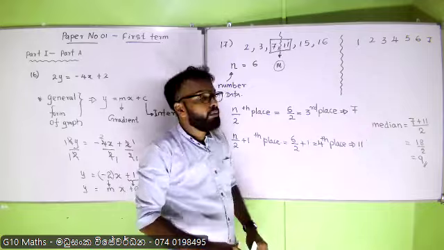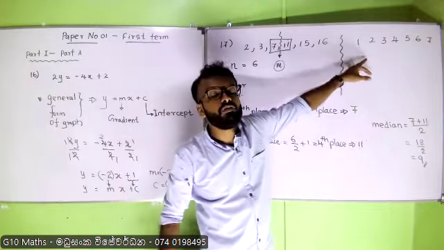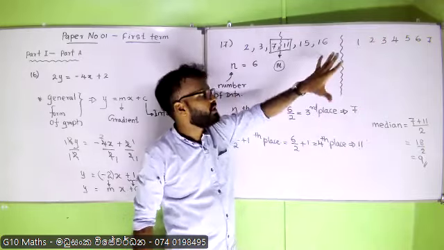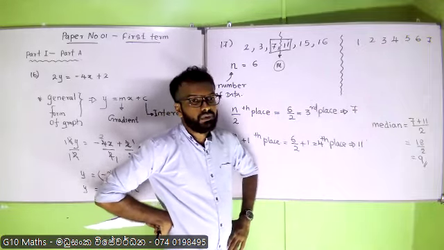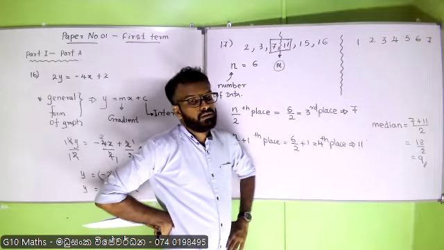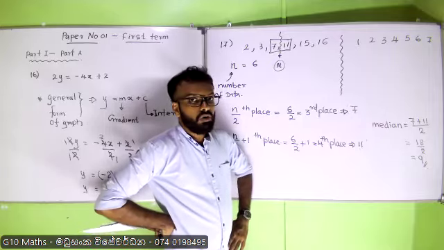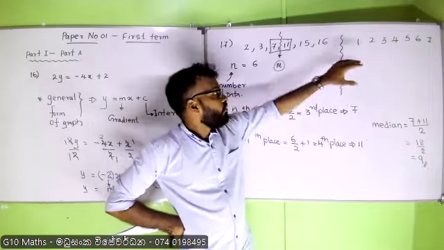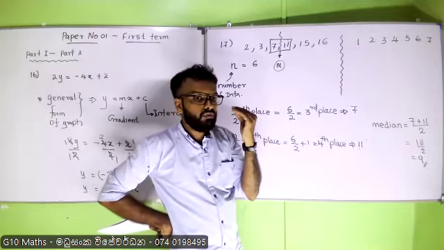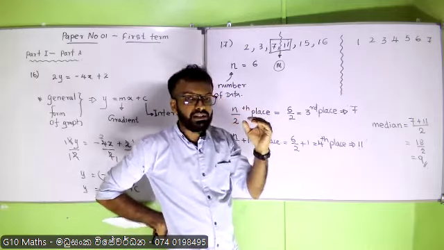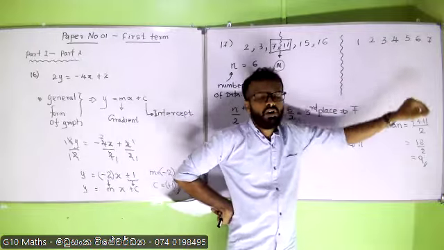Now, can anyone tell me the median value of this odd number of data by looking at it? When you have an odd number of data, you can directly say this 4 is the middle one.